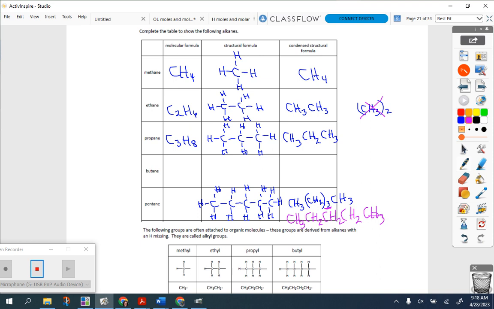There's nothing wrong with this. This would be an acceptable answer for condensed structural formula, but this would also be an acceptable answer, and it's a little bit shorter. Okay. Questions? Okay, can I move on? Okay.